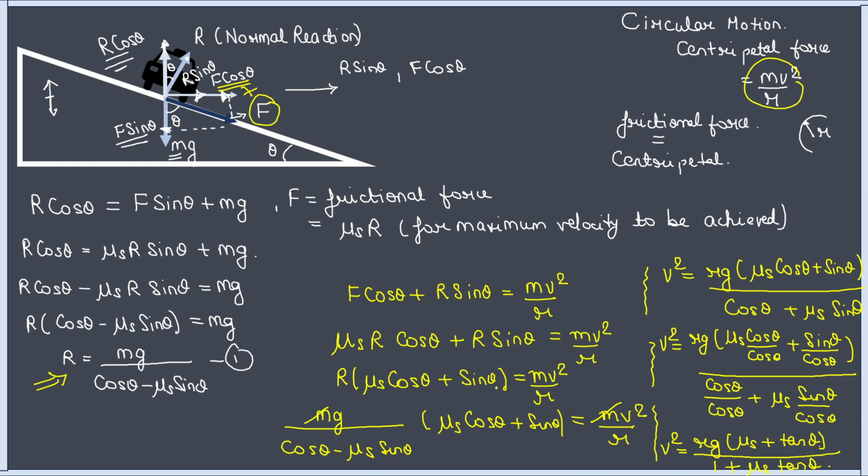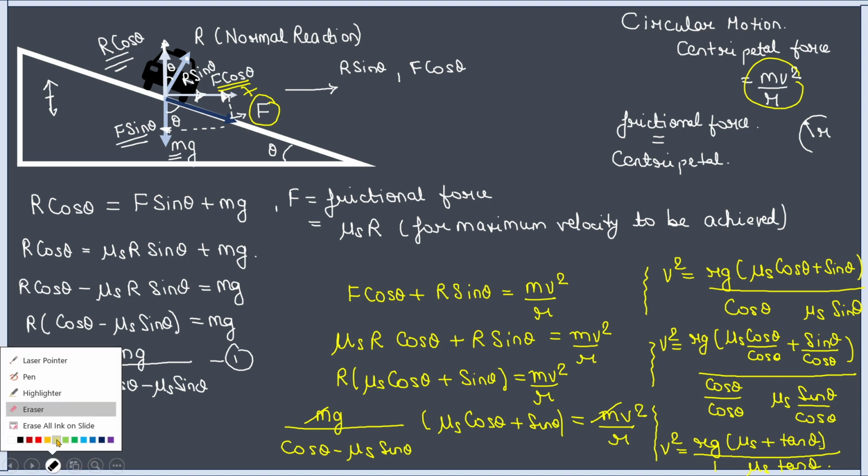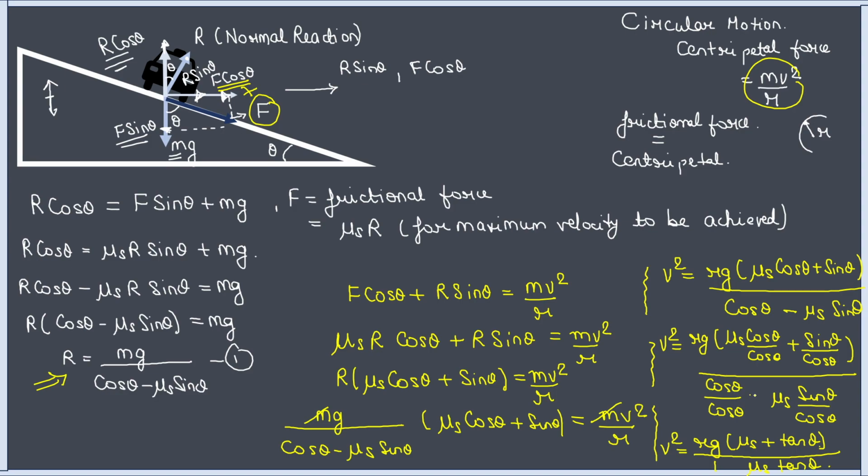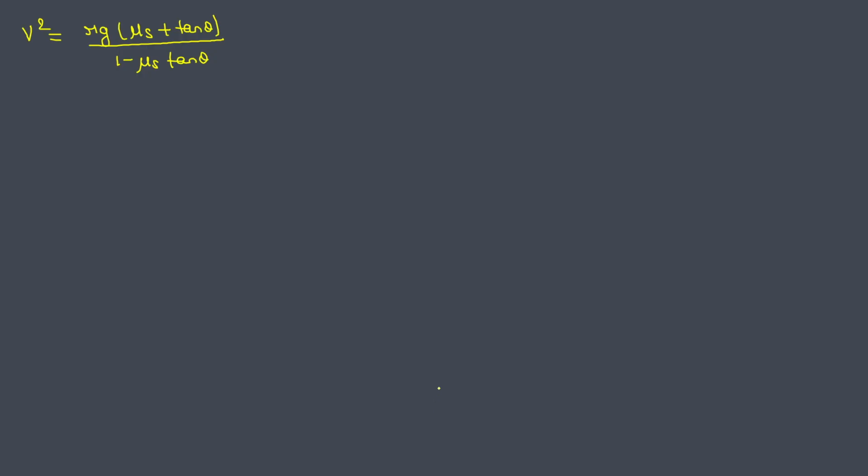It is clearly minus here, minus here, and minus here. Simplifying further, we get v is equal to the square root of r g times mu s plus tan theta divided by 1 minus mu s tan theta.